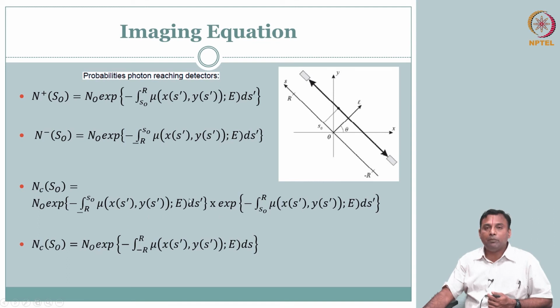All this multiplication, that coincident criteria helped us get these limits, from minus R to R. In some sense what you are recording is total loss along the line here. If you are not able to spot the advantage of this, we will see it in one more slide.